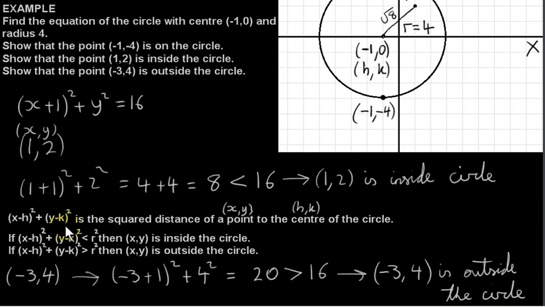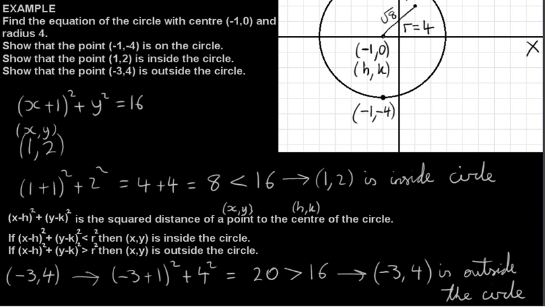It's quite straightforward. We just plug our point into the equation of a circle. If we get a value that's less than the right hand side, the point is inside the circle. If we get a value that's greater than the right hand side, r squared, then the point is outside the circle. And if we get a value that's equal to the right hand side, then the point satisfies the equation of the circle, which means that the point is on the circle.